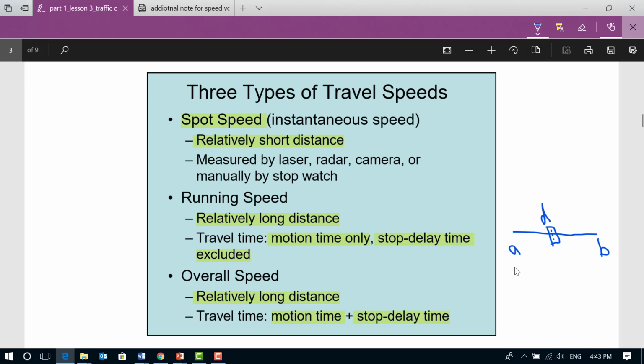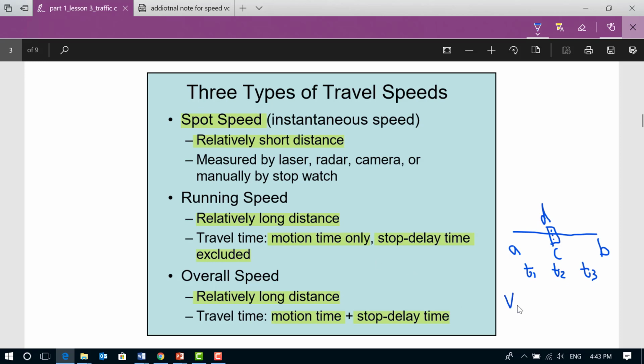Now, for the total travel time, let's assume the motion time between A and C is t1, and then at C we stop at the signal with time t2, and then between C and B we have a travel time of t3. So in this case, what is the running speed?